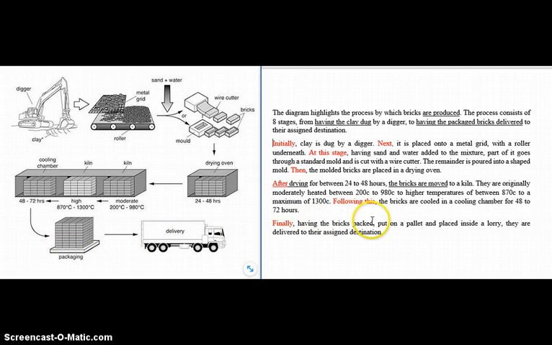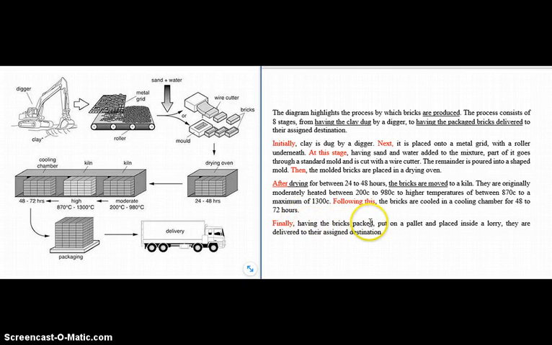Having the bricks packed, put on a pallet and placed inside a lorry, so I've used packed, put on a pallet, placed it in a lorry, all in one sentence. And because they're all verbs that I'm using following one from another, I would only need one occasion of having.